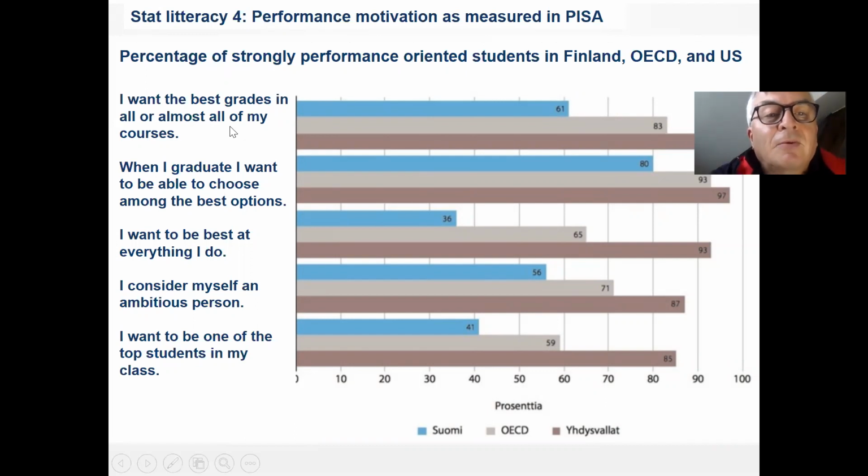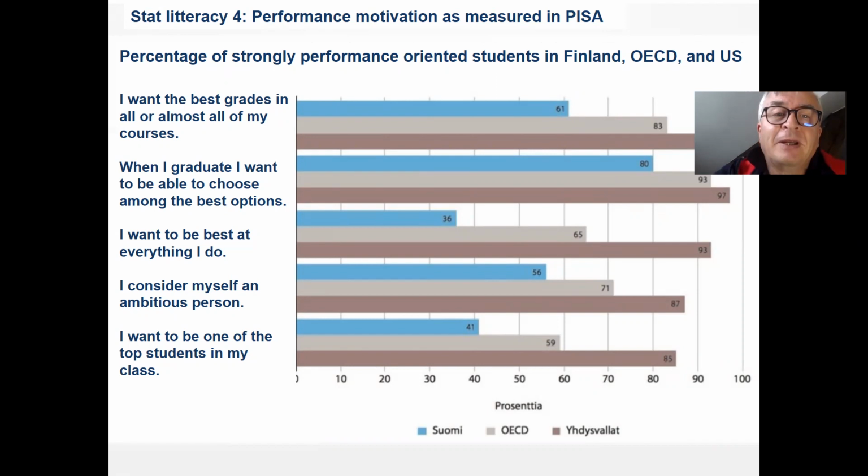Here's the first one. I want the best grades in all or almost all of my courses. And you can see the tremendous difference between Finnish students and American students. Now, is that dangerous? No, it's fine.